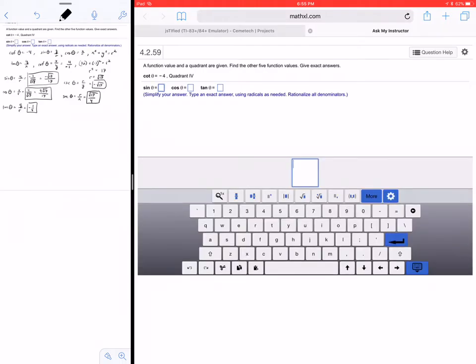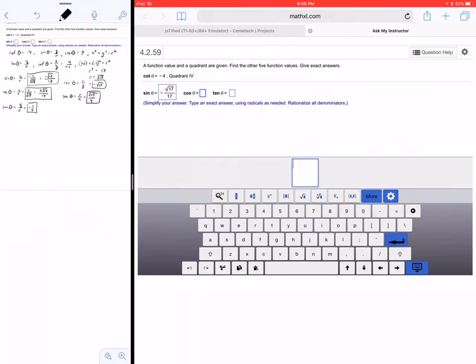So I'm going to try these results in Pearson. So this first one, sine of theta. It says simplify your answer, type in using radicals as needed, rationalize all denominators. So you've got to read that and follow those instructions. So that means we need to use the negative square root of 17 over 17. Okay, I think that should work there.